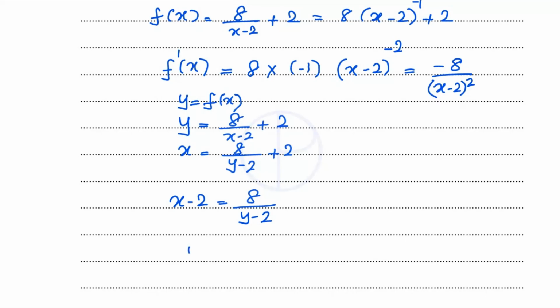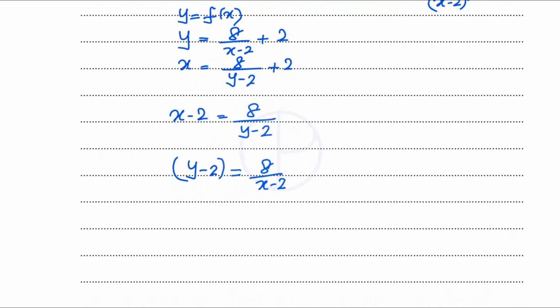So y − 2 is equal to 8 divided by (x − 2). Now make y the subject, so y is equal to 8 divided by (x − 2), plus 2. This is f inverse of x, 8 divided by (x − 2) plus 2.